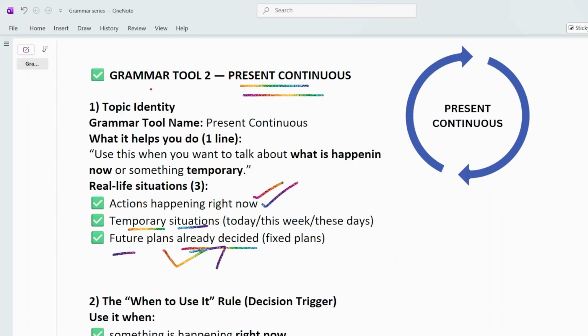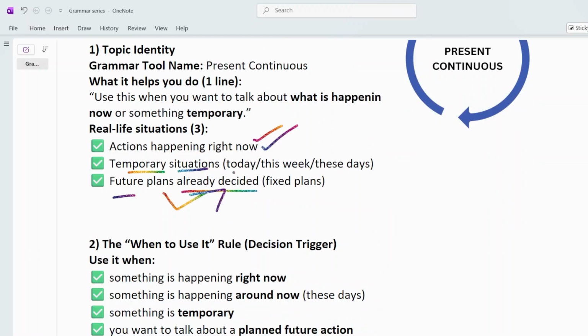Temporary situations. That is today, this week, or these days. Examples are: I'm working from home this week, or he is learning driving these days. Now, in reference to the third point, that is future plans, those already decided, in the sense fixed plans, your sentences may sound something like this: I'm meeting my friend tomorrow.